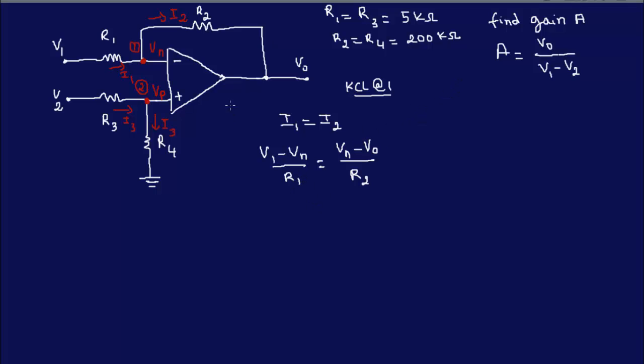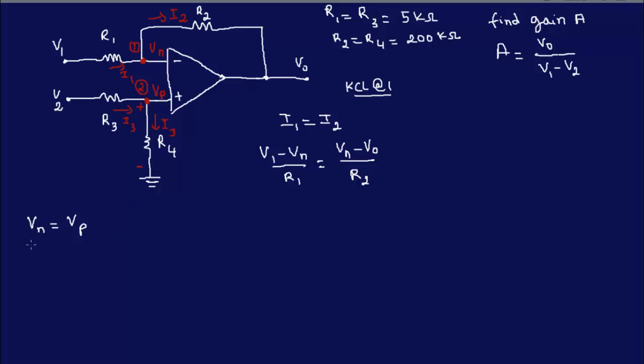Vn is equal to Vp, so there's another condition as well. So if Vn is equal to Vp, we can go ahead and find what Vp is. Vp is basically the voltage across this particular resistor as well, right? Let me put plus minus there. We can use a voltage divider to find Vp.